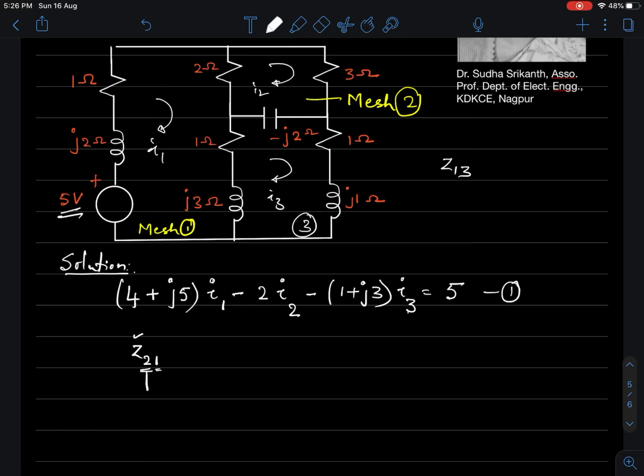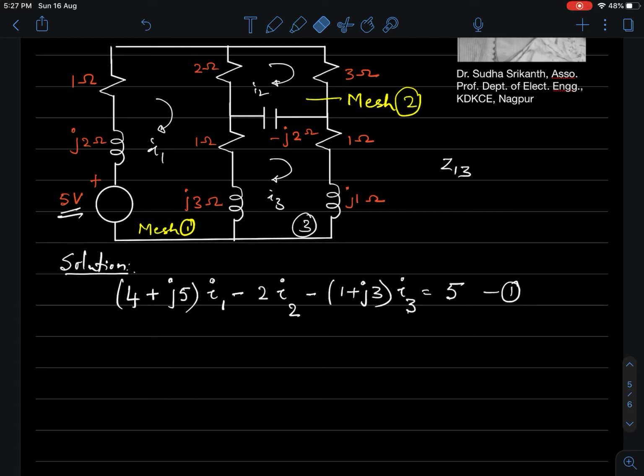The first subscript indicates the mesh for which you are writing the equation. This 2 indicates we are writing it for the second mesh, and this subscript indicates the element that is common between mesh 2 and mesh 1. So how to find out that? What is common between 1 and 2 is the same as what is common between 2 and 1.